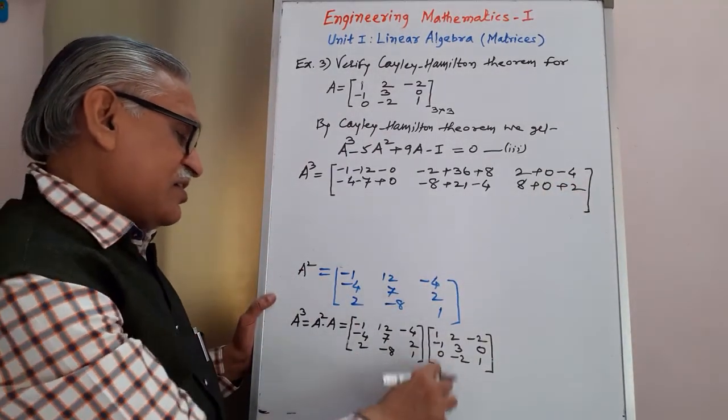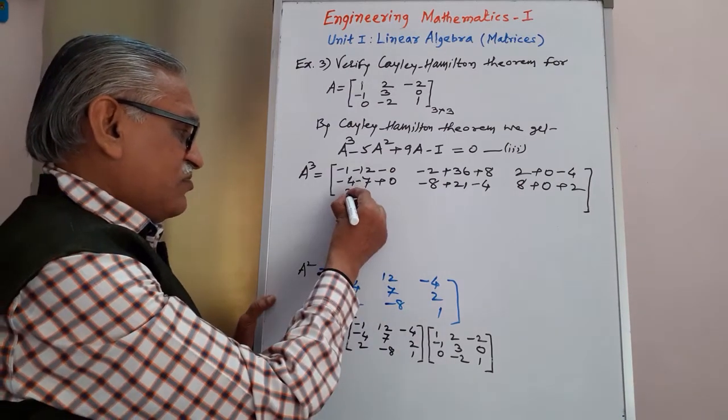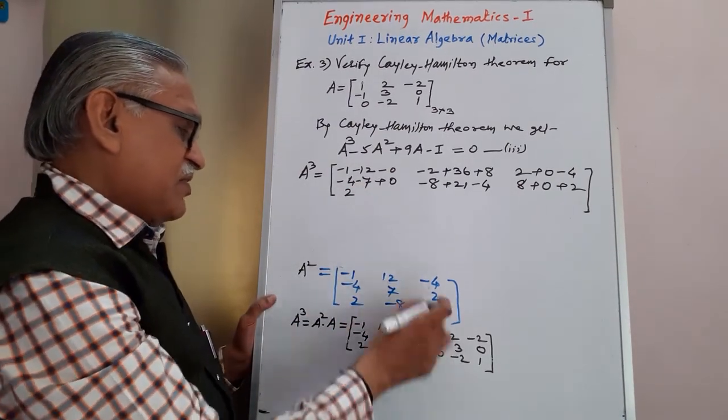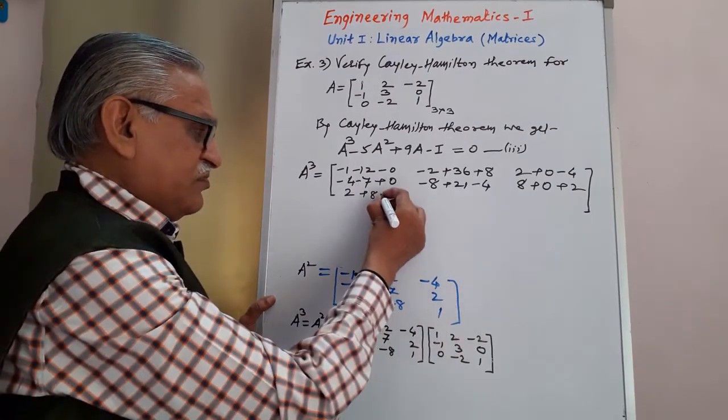Then by this row to that first column: 2 ones are 2, plus 8, and 0.